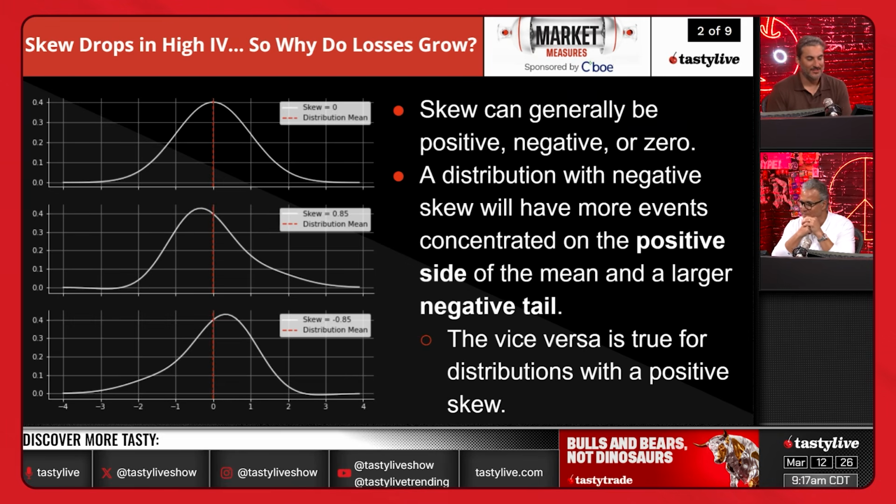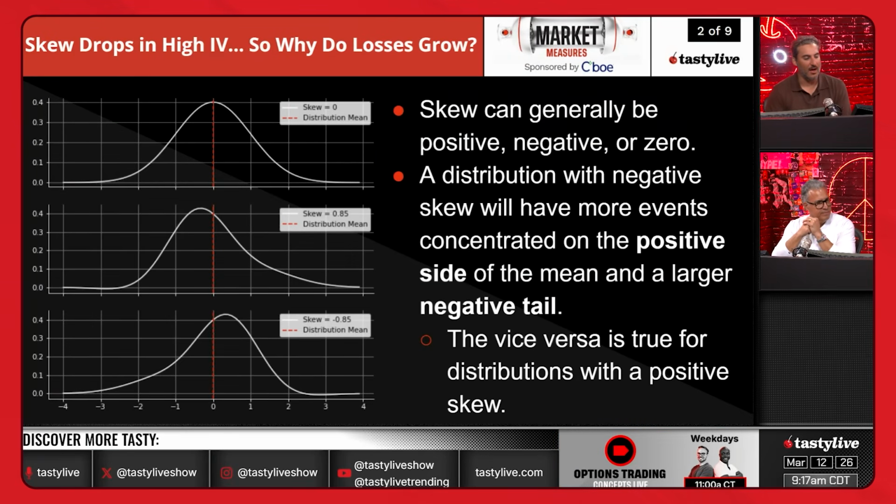Exactly. So a distribution with negative skew will have more potential events, or at least pricing in events, on the tail side. Positive skew, more events on the upside.